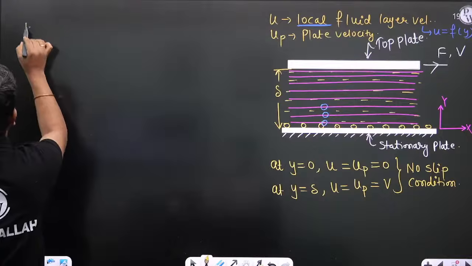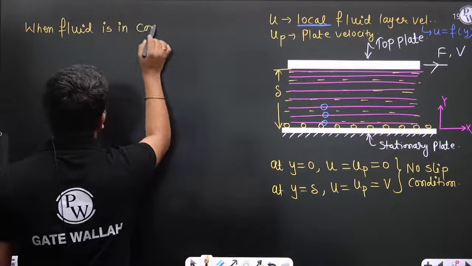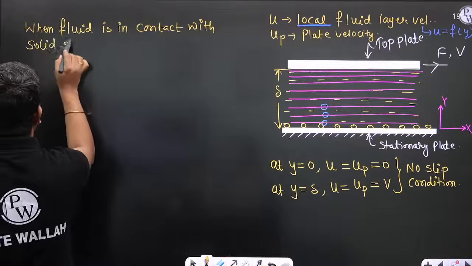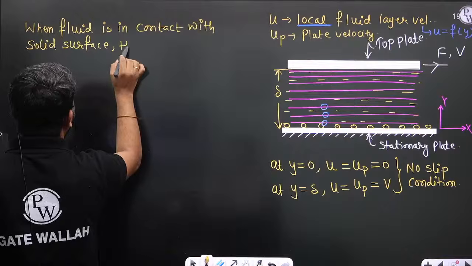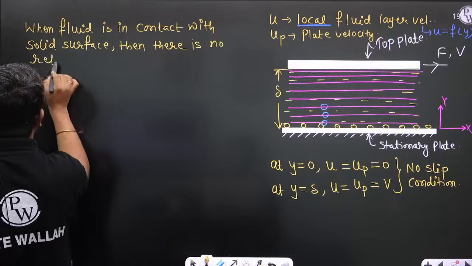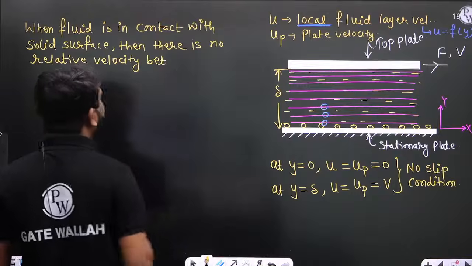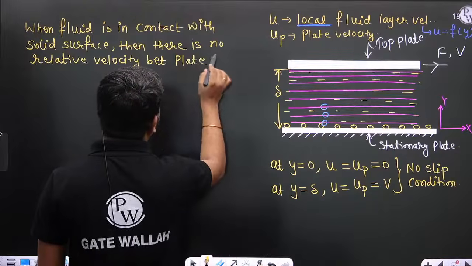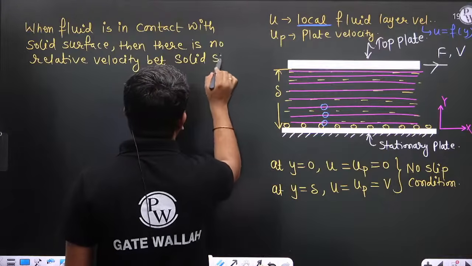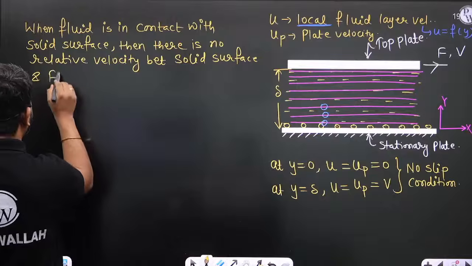When fluid is in contact with a solid surface, then there is no relative velocity between the solid surface and the fluid layer.